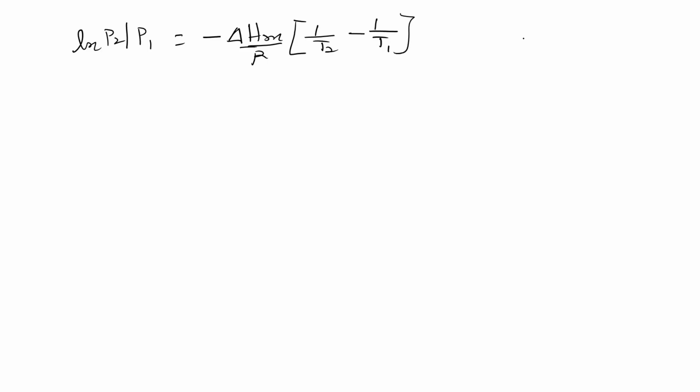Our equation that we have just derived, the Clausius-Clapeyron equation: ln P2 by P1 is equal to minus delta Hm by R, then 1 by T2 minus 1 by T1. So this is also the Clausius-Clapeyron integrated form, right?